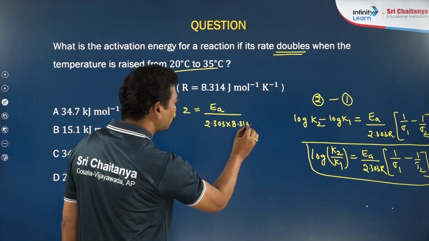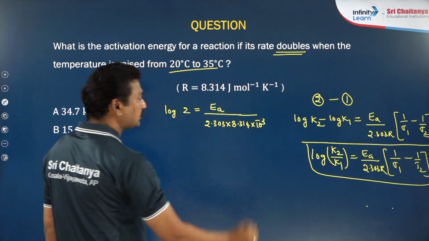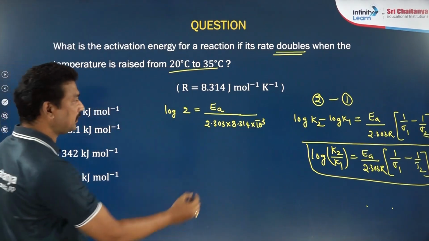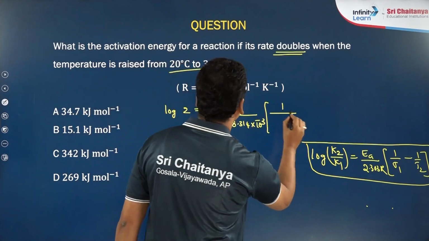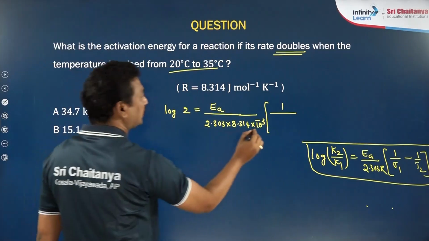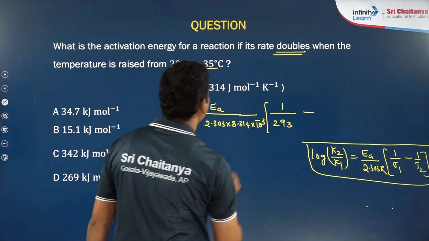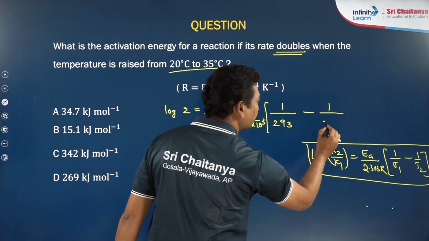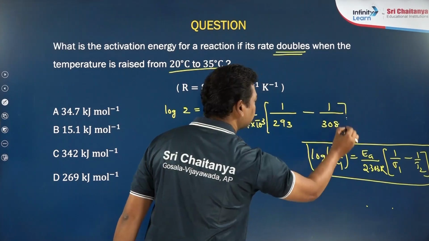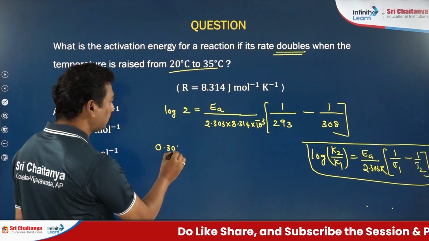8.314 into 10 power minus 3, R value in kilojoules, of 1 by T1. T1 in the sense 20 plus 273, which is 293, minus 1 by T2. T2 in the sense 35 plus 273, 308. Substituting these values, log 2 value is 0.3010.